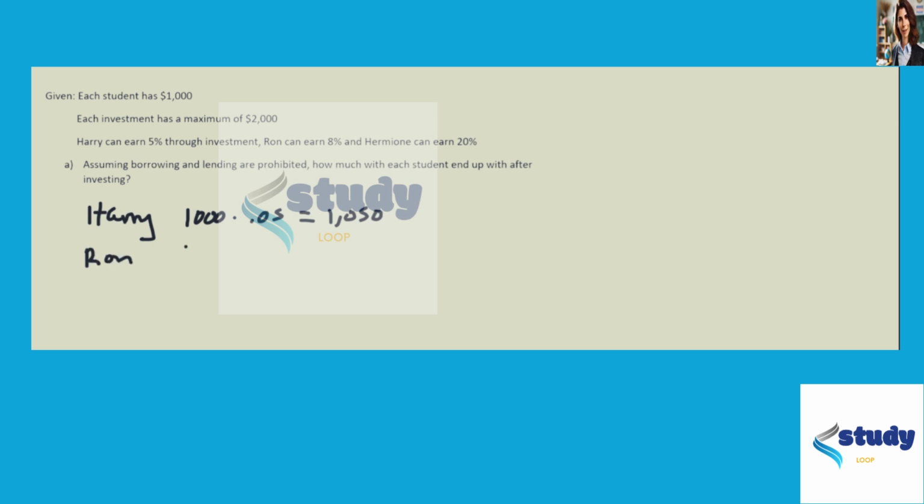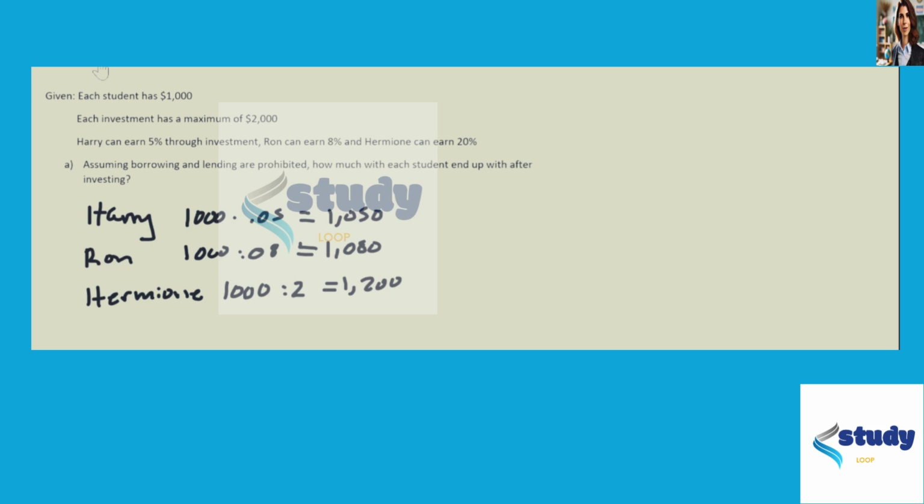Ron can invest at 8%, times 0.08, which will give him $1,080. And Hermione can invest at 20%, $1,000 times 0.2, which gives her $1,200.